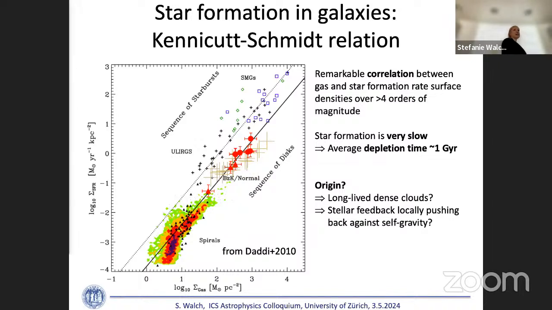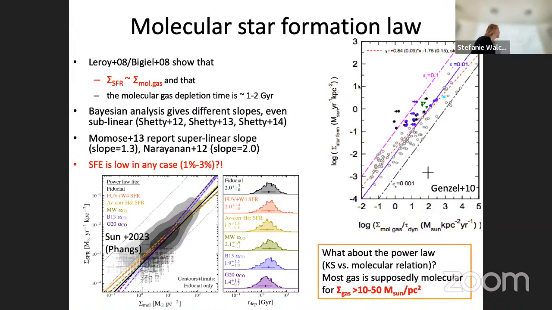So the question is, how do we get these different slopes together? Because here we have the slope, which is 1.5, but then in the molecular case, we have a slope of 1 roughly. But shouldn't these slopes be equal at high surface densities, where all of the gas should be molecular? So this is a question I have for you later to discuss, if you like.